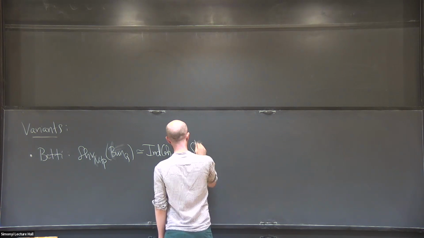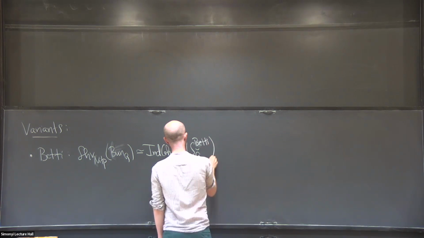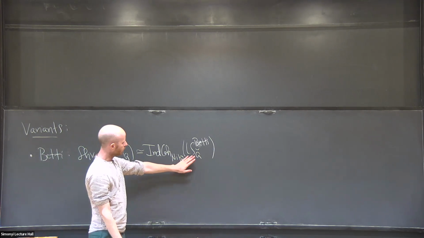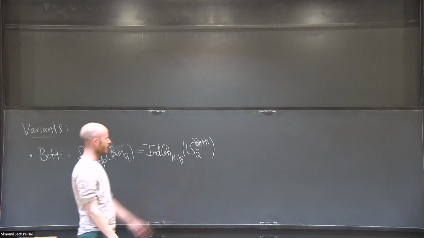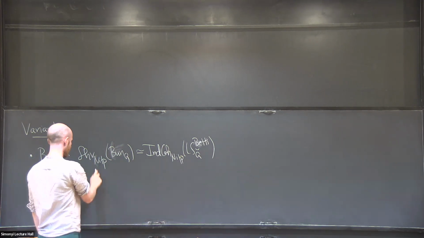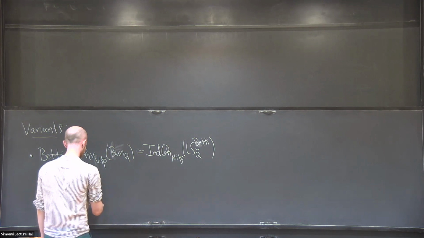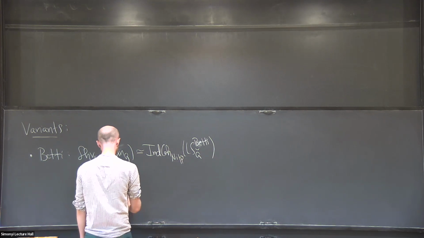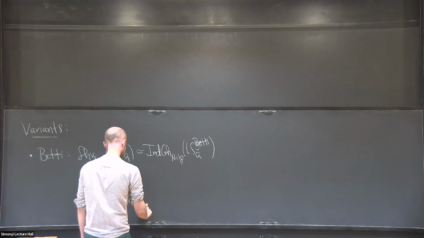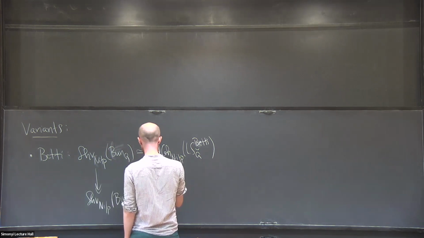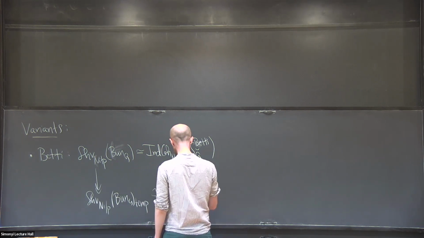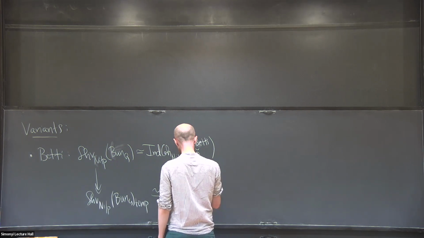The same IndCoh nilp game for the moduli space of Betti local systems. And there's again this picture, the tempered quotient, and the space of quasi-coherent sheaves on LocSys check Betti.